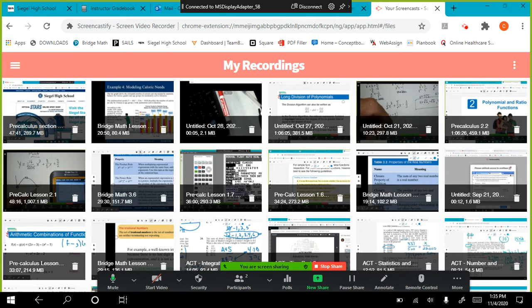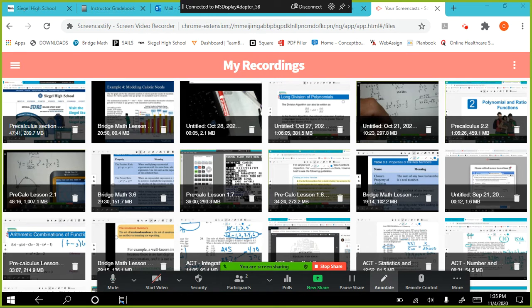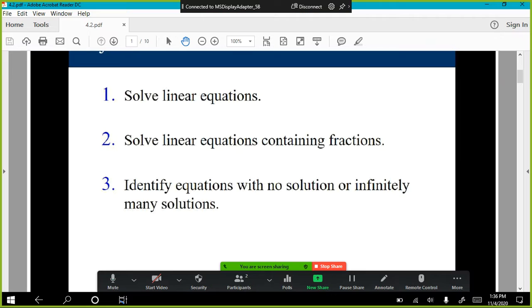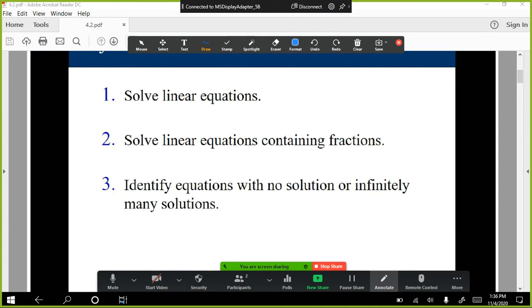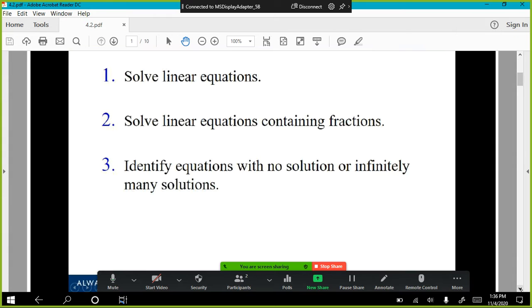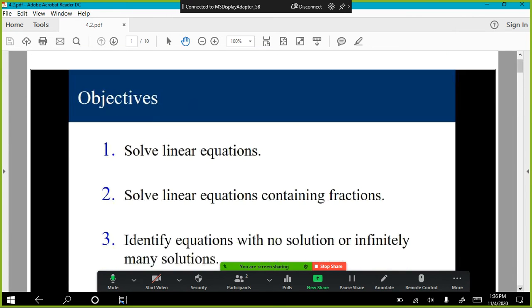But it is not showing up. Oh, maybe I can just do this. Let's try this. Annotate. All right. Go down to the next. All right.